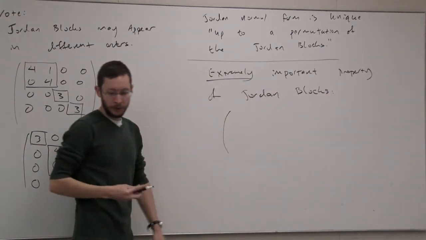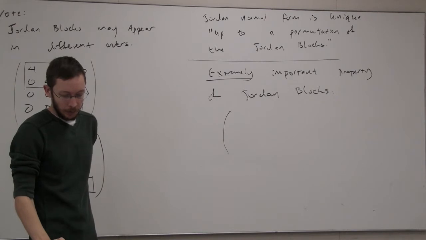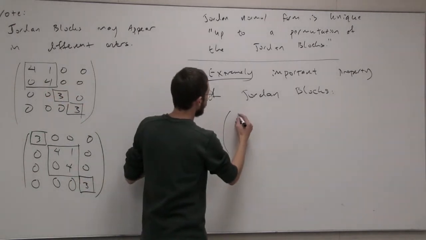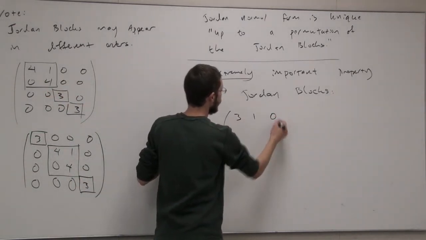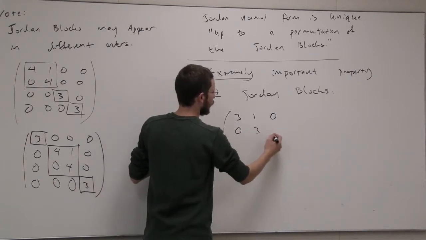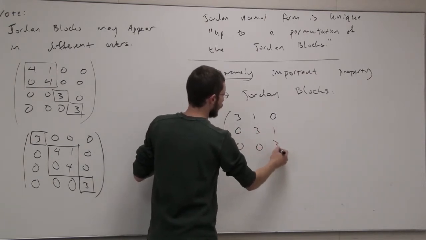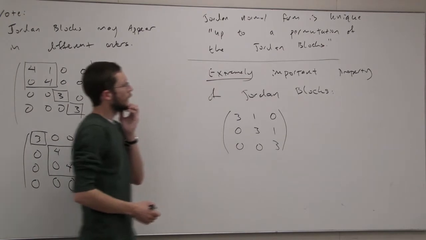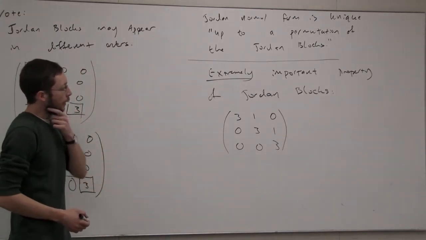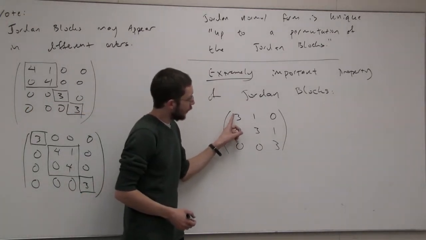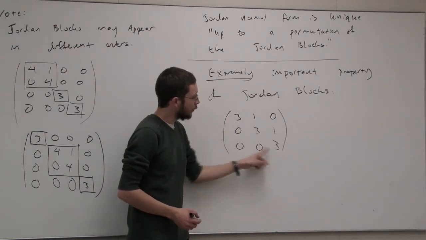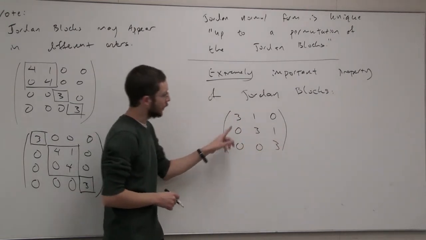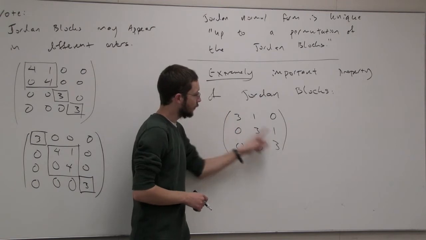Let's consider a 3 by 3 in this case. Let's consider this 3 by 3 Jordan block, 3, 1, 0, 0, 3, 1, 0, 0, 3. That Jordan block, you'll notice we've got the same number, and that's true in any Jordan block, same number down the diagonal, right?